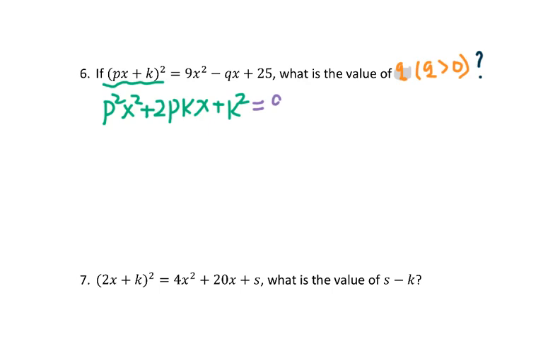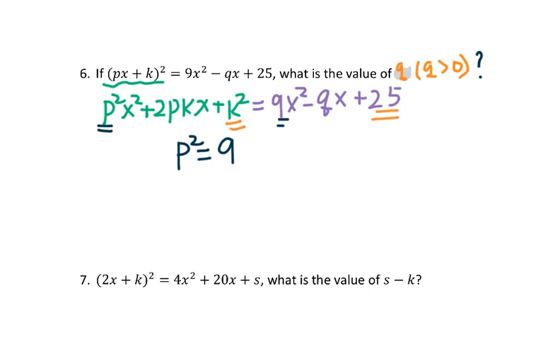You will get 9x squared minus qx plus 25. Therefore, p squared equals 9, k squared equals 25, and 2pk equals negative q.